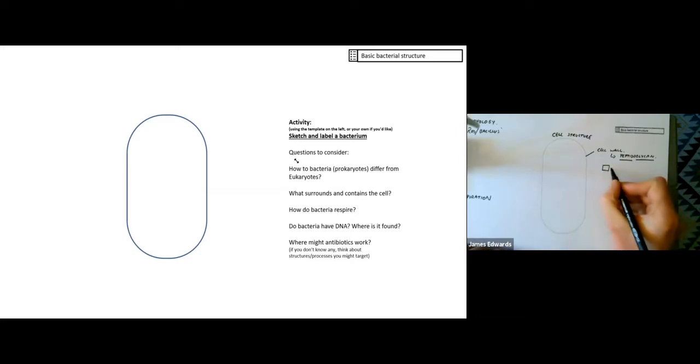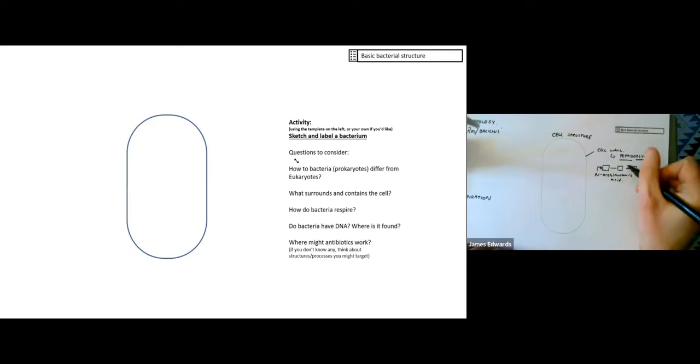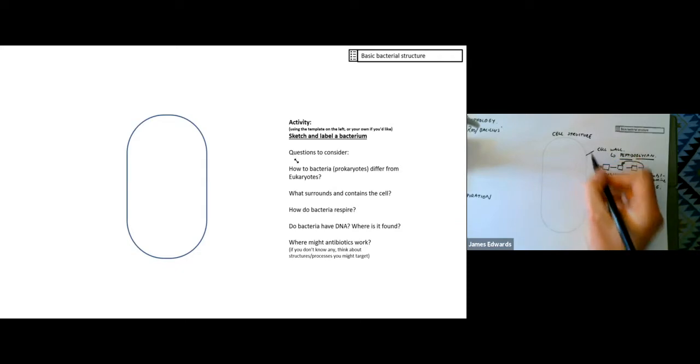You have alternating sugars, which are called N-acetylmuramic acid and N-acetylglucosamine, NAM and NAG.